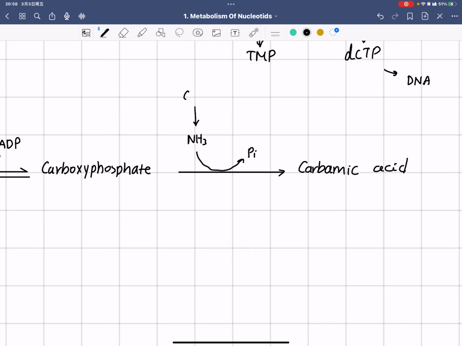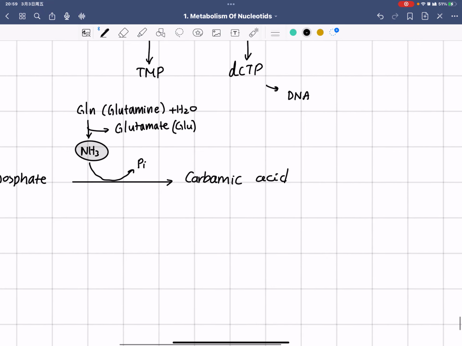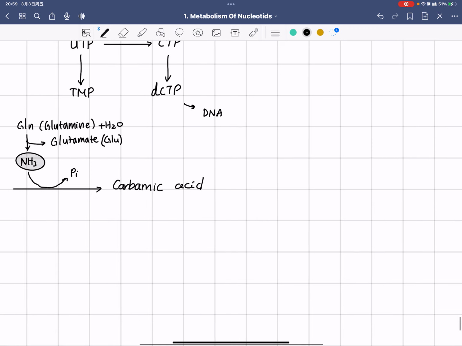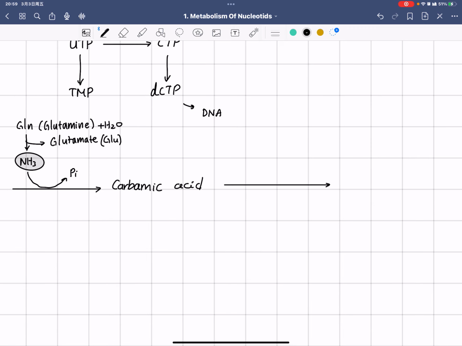Well, of course, our dear friend, glutamine. Be careful, it's glutamine. You hydrolyze it to give this amino group. So glutamine will become glutamate, which is glutamic acid. So now we have carbamic acid. We add another phosphate group.